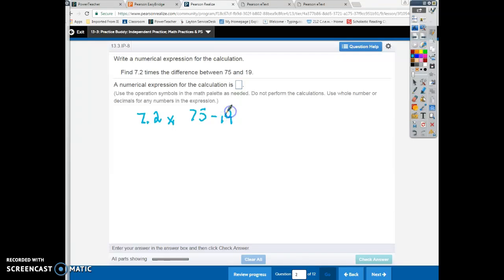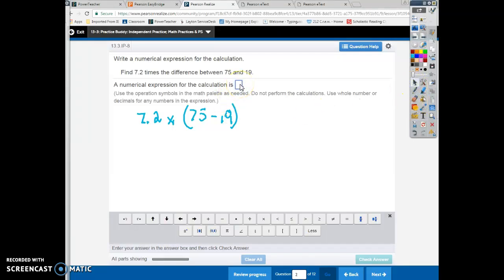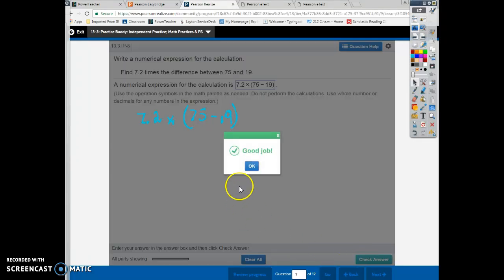If I left this just this way, I would have to do 7.2 times 75 first. That's not what my expression says. That means I have to have parentheses there. So I'm going to copy this down and write it as 7.2 times the difference between 75 minus 19. And I know I have to have that in parentheses, and that should give me the correct answer.